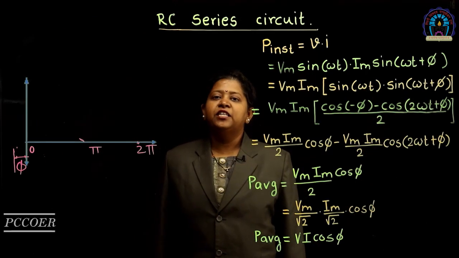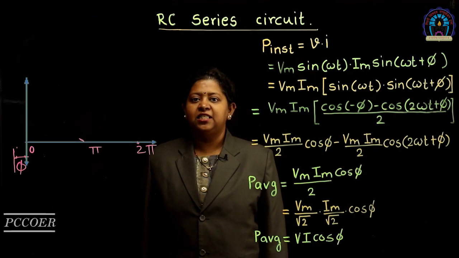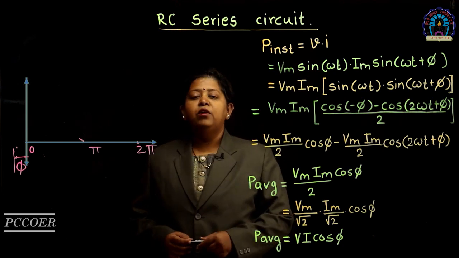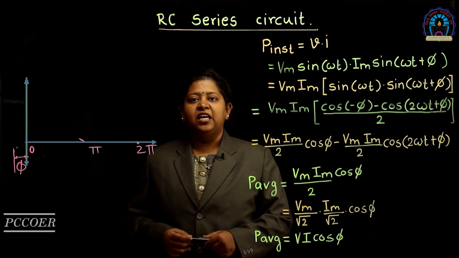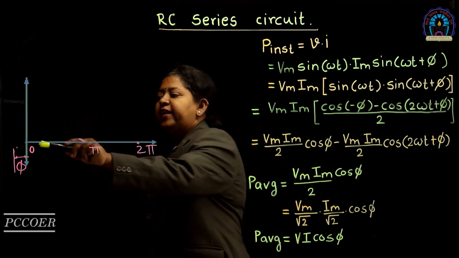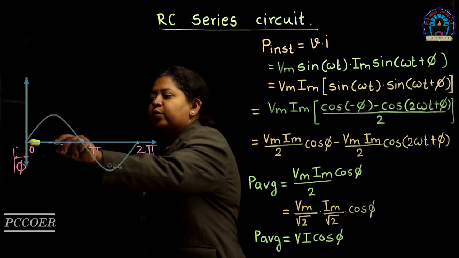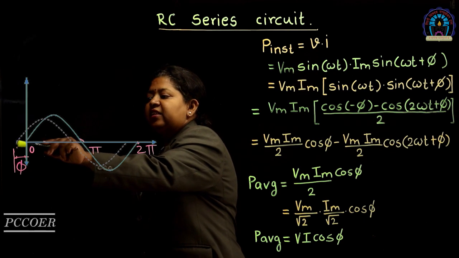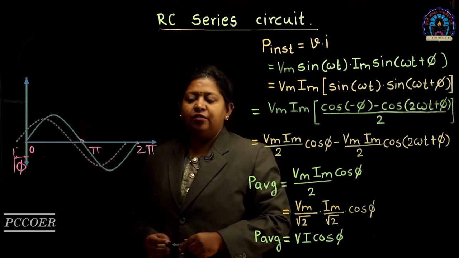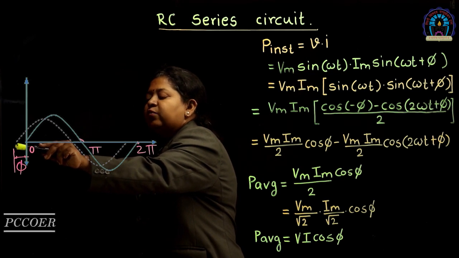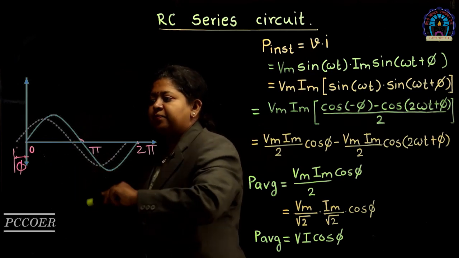Now let us derive the expression for power consumed in RC series circuit. For this, we need to refer to the waveforms of voltage and current in RC series circuit. Here, it can be observed that the voltage waveform starts from theta equal to 0, whereas the current is leading the voltage by an angle phi. So, this current waveform starts from theta equal to minus phi.